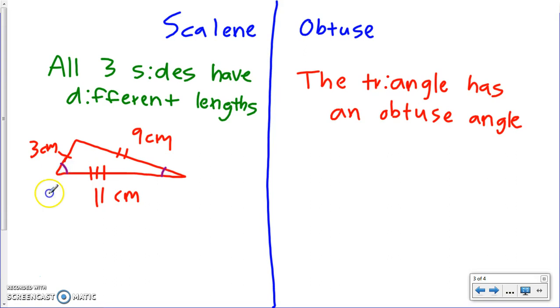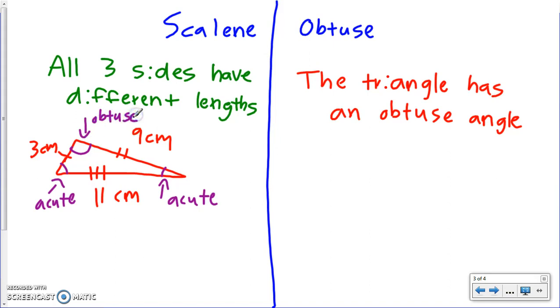This angle over here is acute, and this is acute. Now, if we remember, all three angles must be acute for it to be an acute triangle. If I look at this angle up here, though, and I actually turn my sheet and put a protractor on it, I would find that this is obtuse.